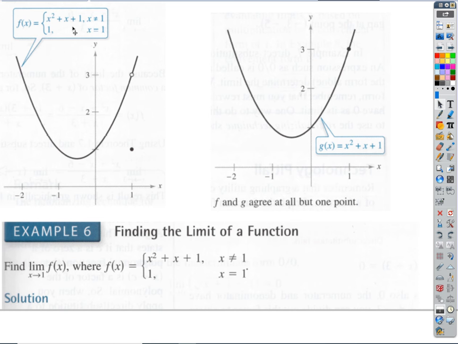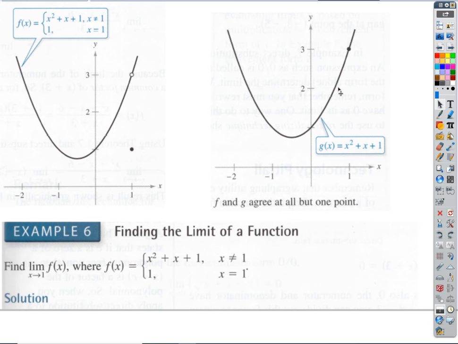Isn't this a case where even though the value of the function at 1 is not 3, we're approaching the value 3? So why not just scrap that piecewise function and replace it with an easier one to deal with, which is this guy?